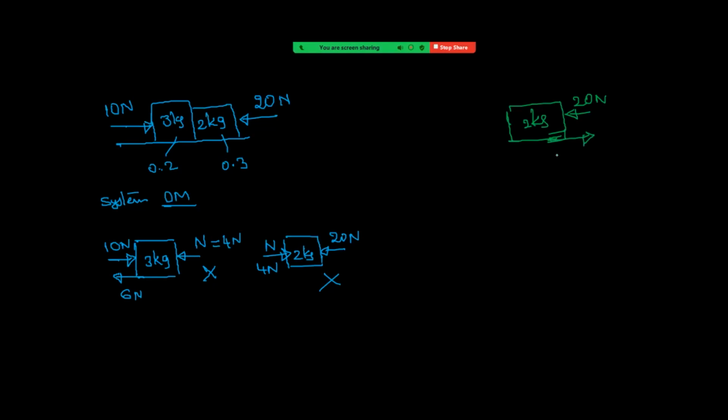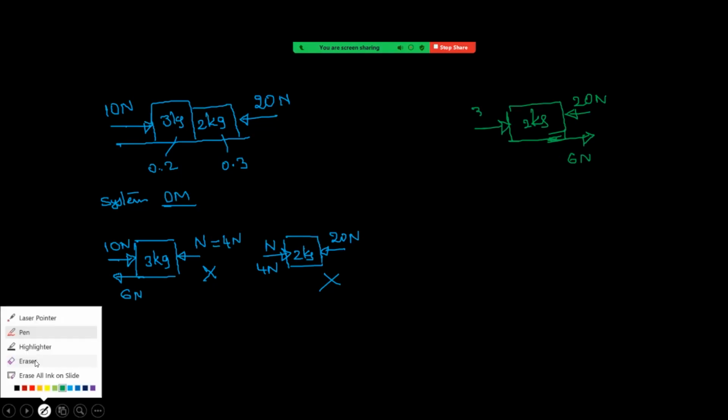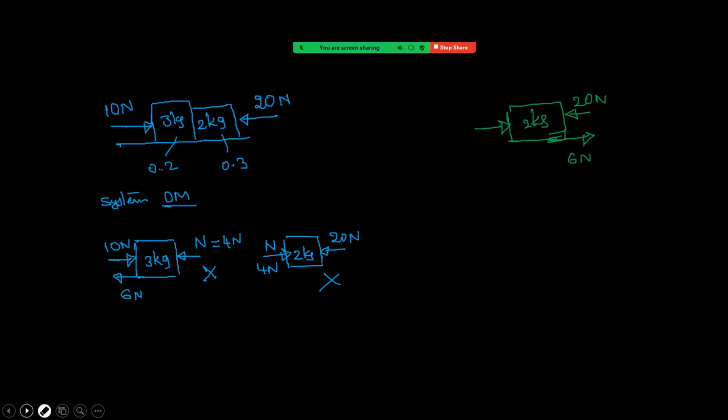Friction is 6 Newton, but not able to balance. So it requires how much? 16 more. That will be the normal reaction by the 3 kg block on the 2 kg block. It must be 16 Newton. Sorry, 14. Okay, 14, because of the 16 required, 14 remains.